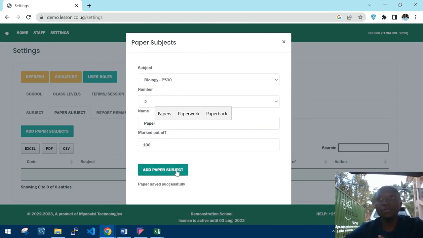So the papers that you are adding should either give you an average of 100, or they should give you a summation of 100 when you're working with papers. But this only applies to papers, so that when we are working with marks, we don't go to marks that are above 100%.